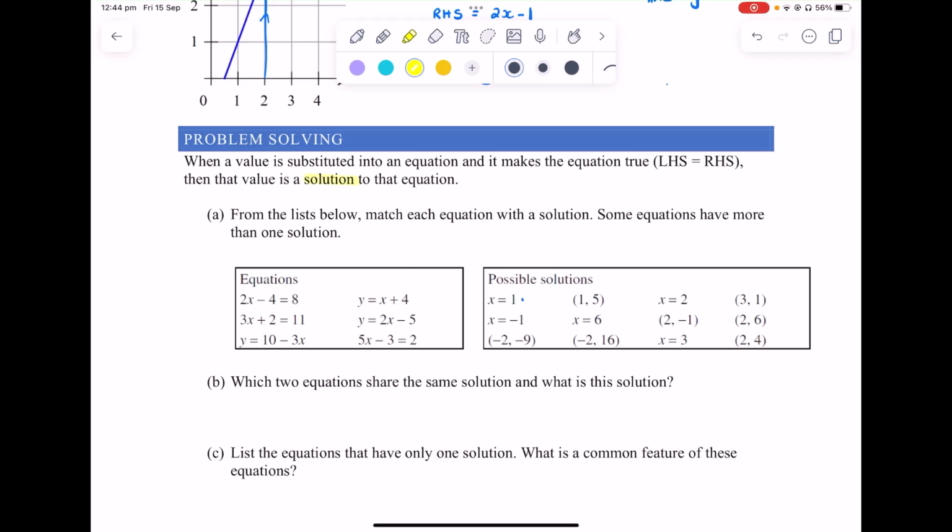And for the first part, from the list below, match each equation with a solution. Some equations may have more than one solution. So we have equations here, possible solutions on this side, and I'd now like you to spend probably 5 minutes seeing if you can find solutions, and seeing which of those solutions could possibly belong to those equations. Pause the video now and come back after 5 minutes.